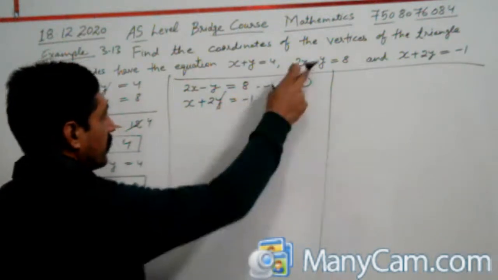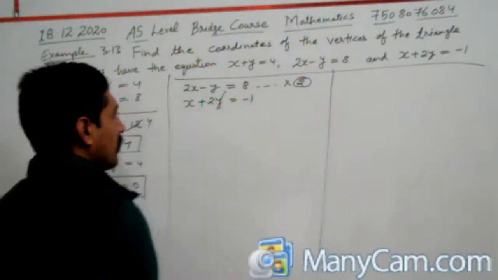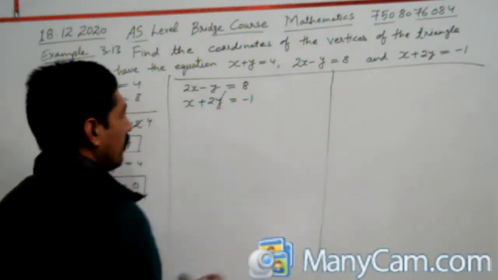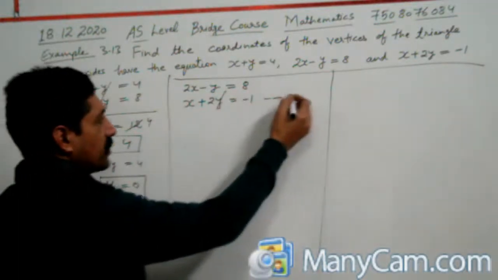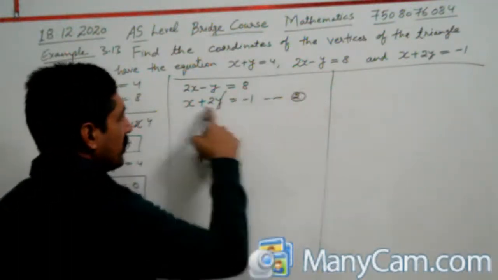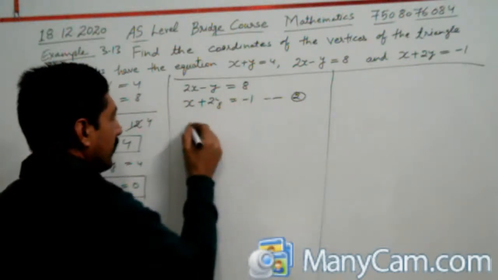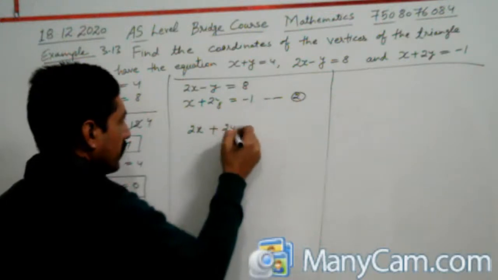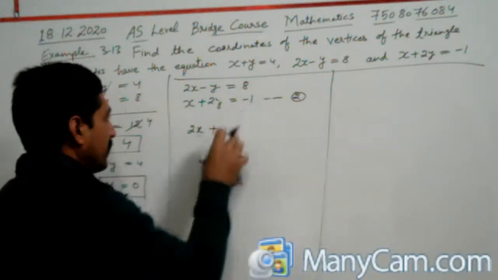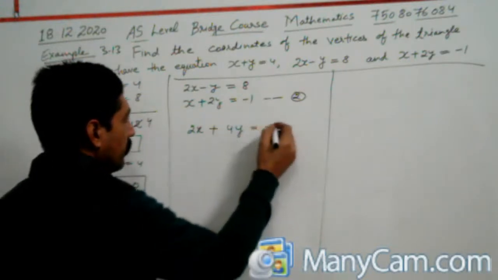Here we can multiply the second equation by 2, so we get 2x plus 4y is equal to minus 2.